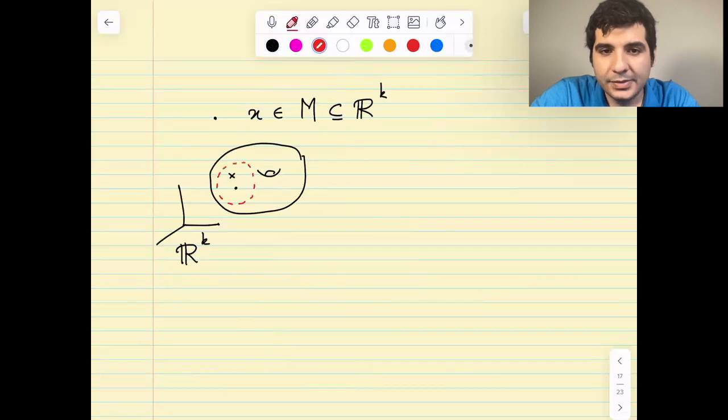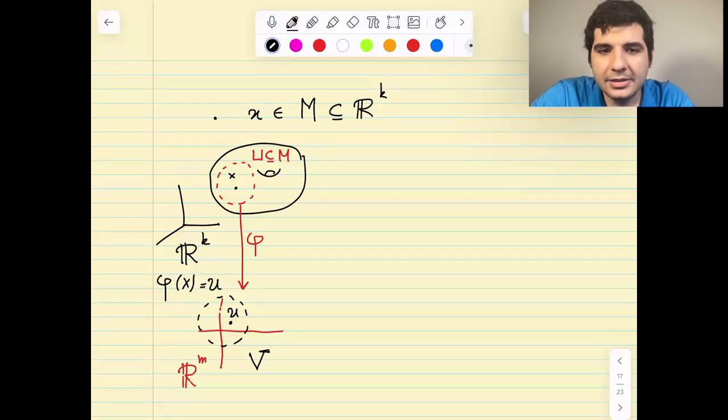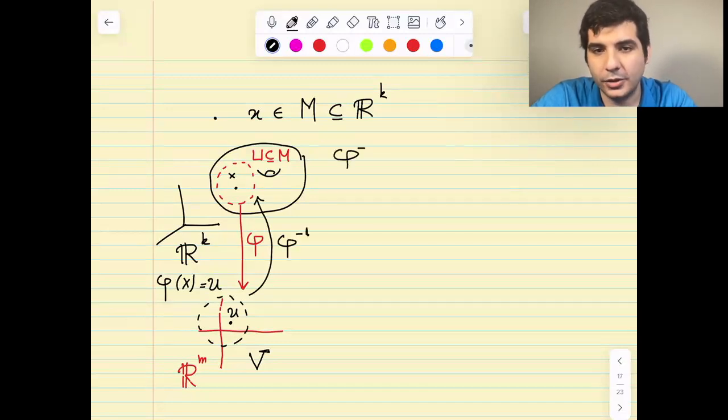Because the manifold is smooth, there is an open subset of x inside M, not inside Rk but inside M, and a map phi which takes you to an open subset of Rm, let's say V. This just comes from the definition of a smooth manifold. Let's say phi of x equals u for some point u. On these open neighborhoods, phi is one to one, so we can consider phi inverse, which would go from V to U.